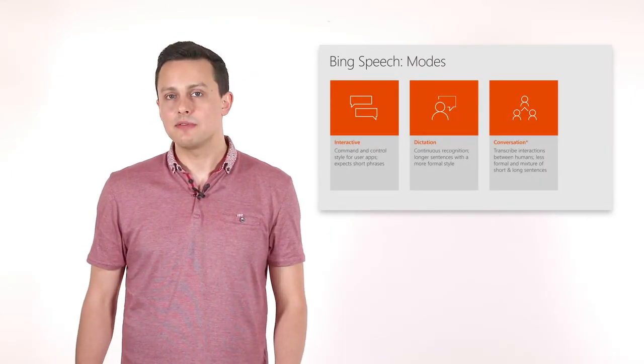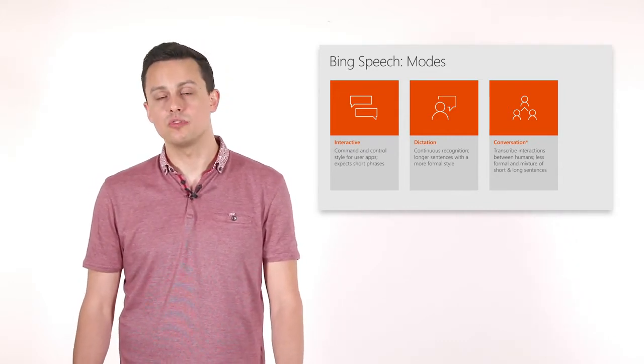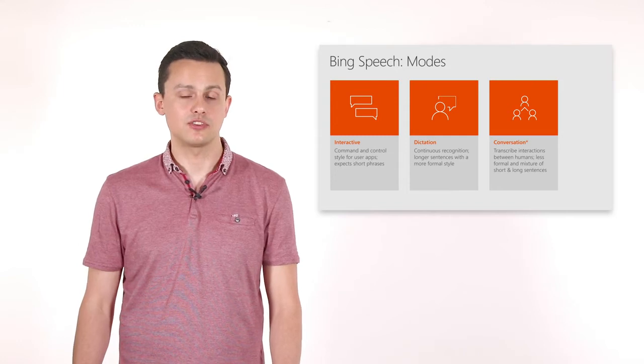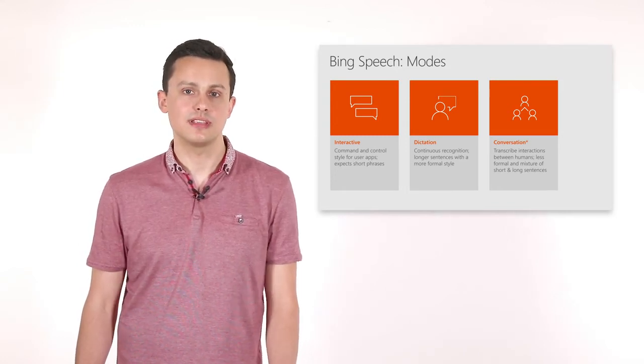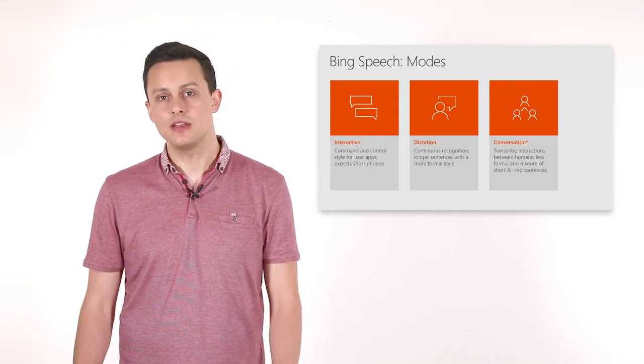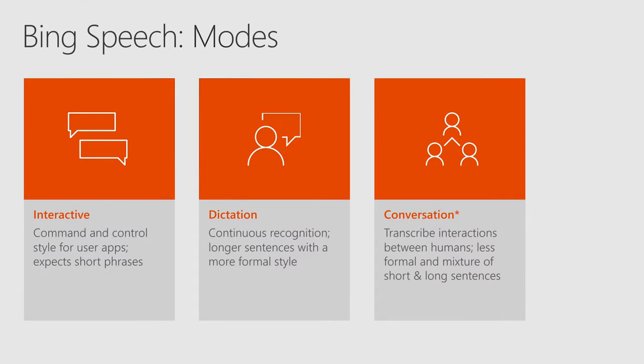Before you can get up and running using Bing Speech, you have to make a decision on the kind of model that you're going to use for speech recognition, that is speech to text. There's one of 3 choices that you have to make, and it'll depend on the application you're building. The first mode is called interactive, and this is ideal for many application scenarios where your users are issuing you commands. These are typically short phrases that are spoken. The next mode is dictation.